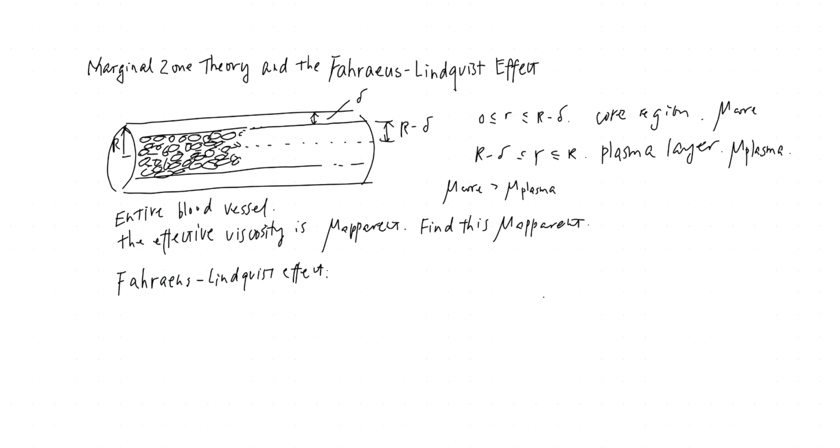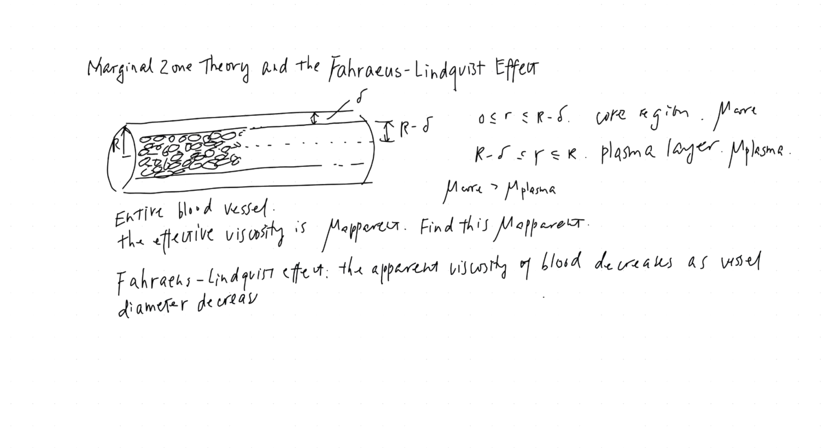It says the apparent viscosity of blood decreases as vessel diameter decreases, up to a critical range of approximately 4 to 7 micron to 500 micron.